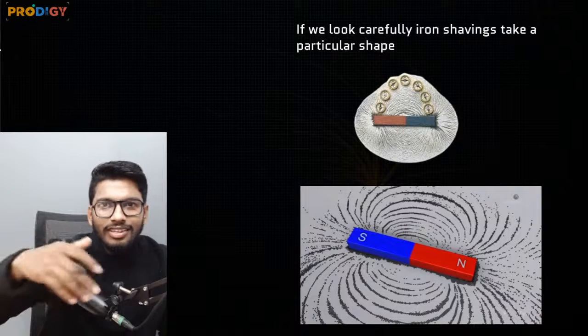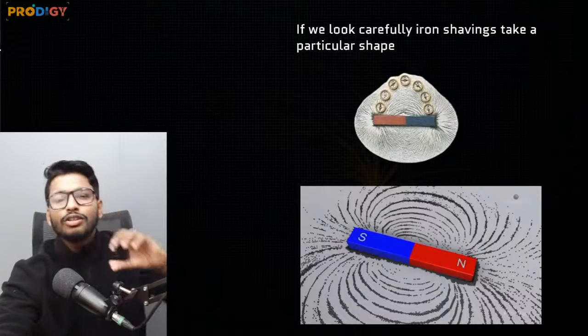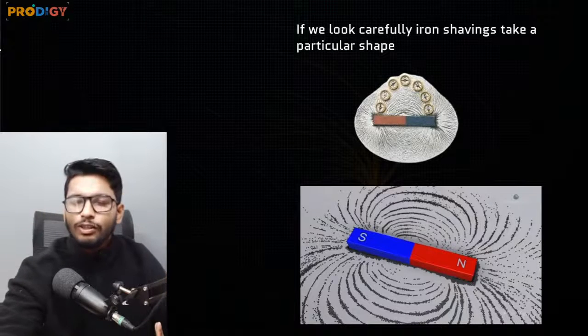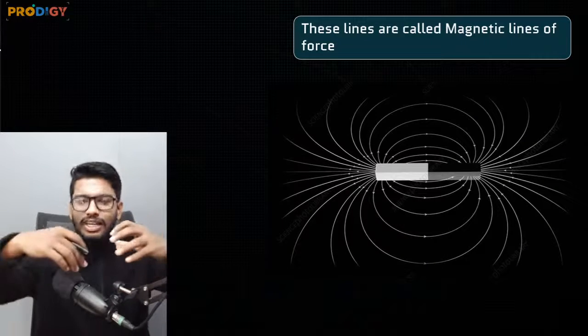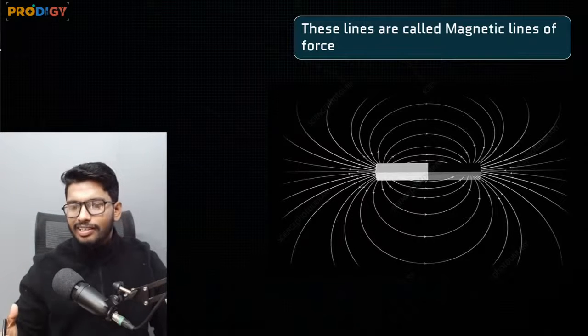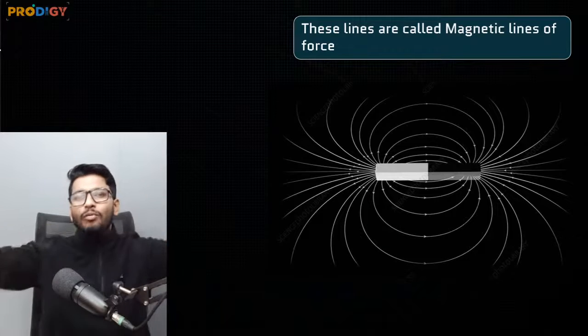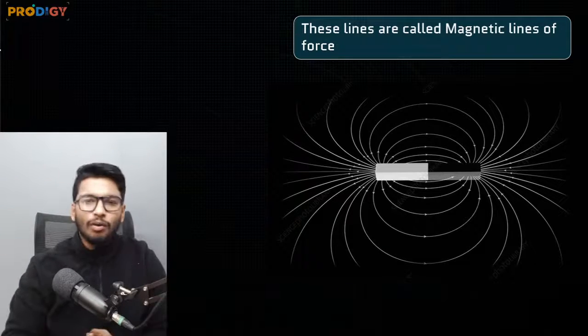It looks chaotic, but it's actually not. If you look very carefully, you can see there is a certain pattern to it. So this is what is called magnetic lines of force or magnetic field lines. Basically, it talks about the direction of the magnetic force acting around this magnet, and it also gives you an idea of in what way the magnetic force is acting around the bar magnet.